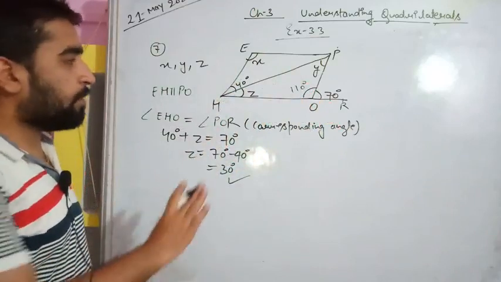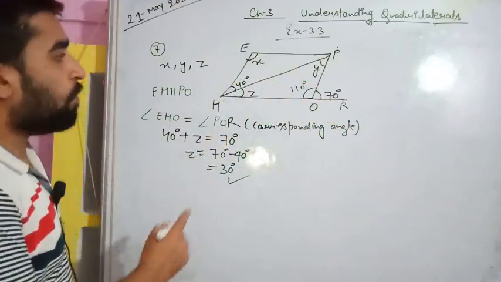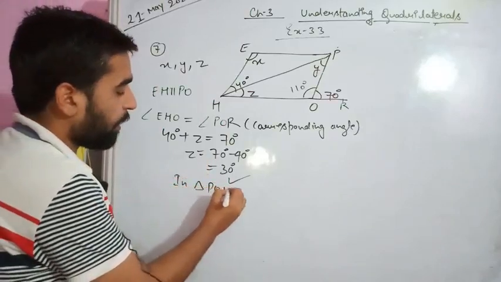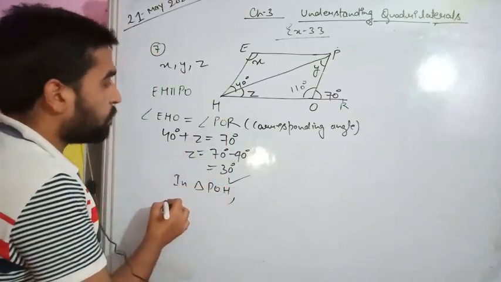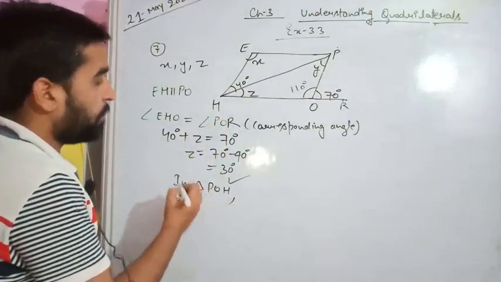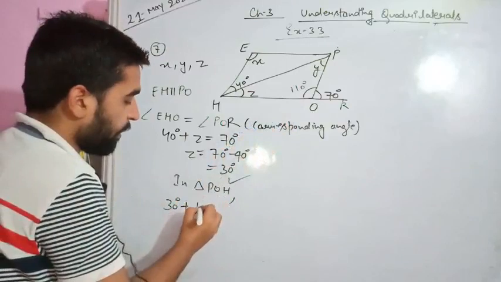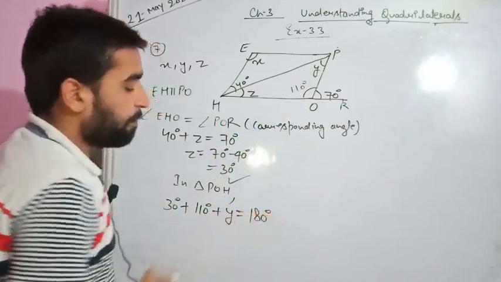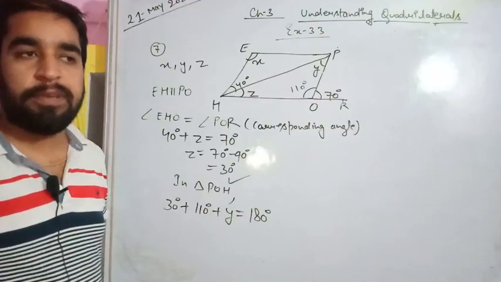So once we have calculated this angle, now in triangle POH, we can apply the angle sum property. So Z, we already have calculated, that is 30 degrees, plus this angle is 110, one angle Y is missing, so the sum of all these angles will be 180. Why will this be 180?